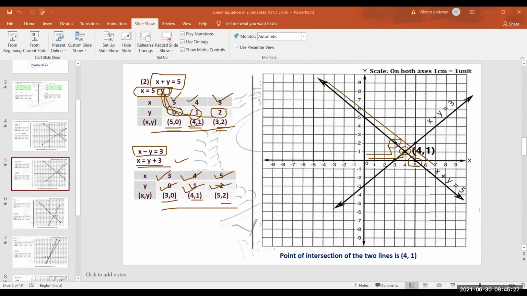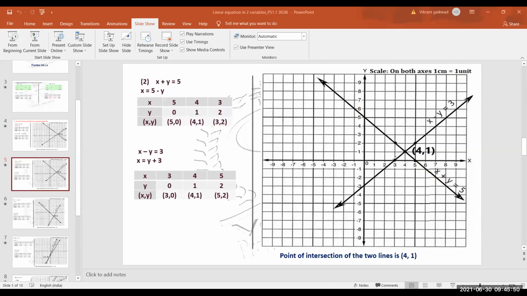In the same way, you'll plot the second set of points. 3, 0 will again be on the x-axis, 4, 1 has already been drawn, and next is 5, 2: positive 5 and 2 places up. We will simply join them with a straight line.